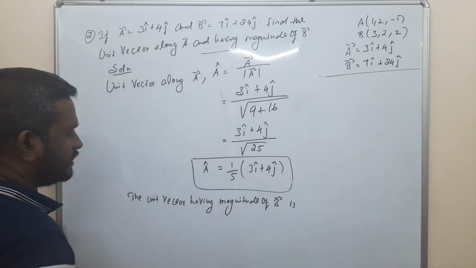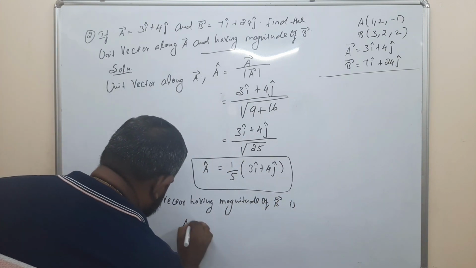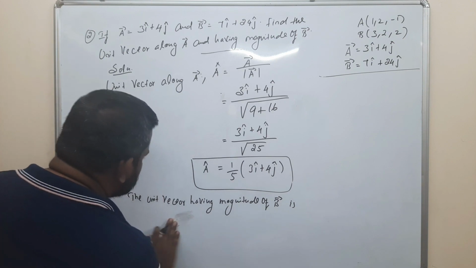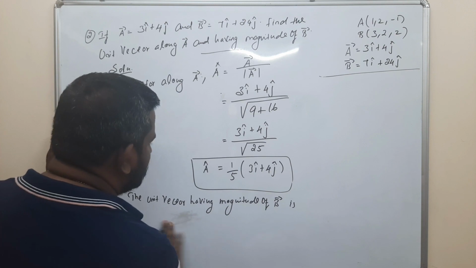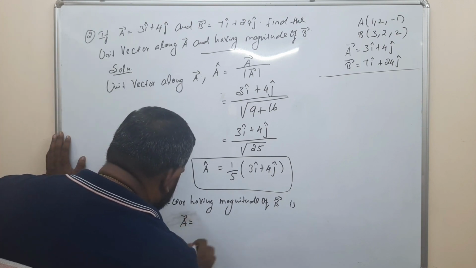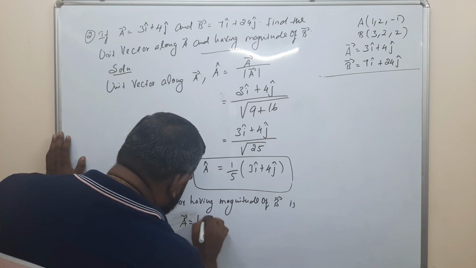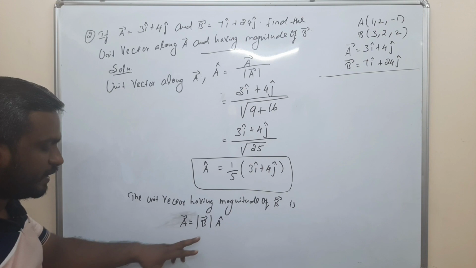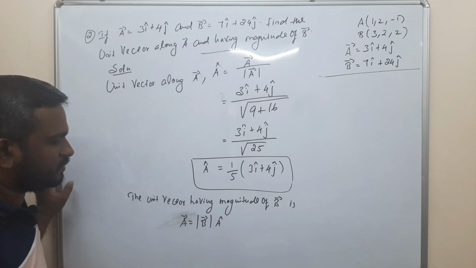So we can write the required vector is equal to modulus of B vector into A cap. So that's a formula.